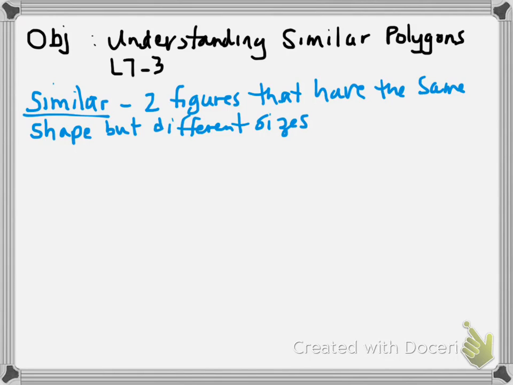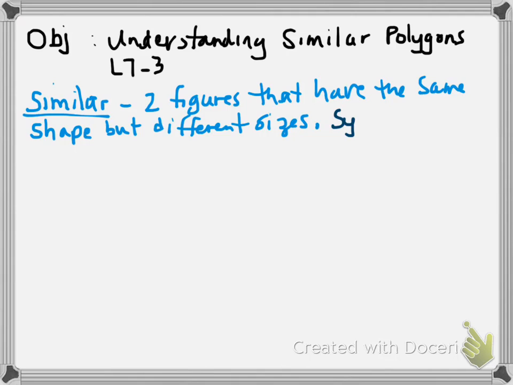Now, we're going to talk a little bit more in detail about what that means, and in particular, we're going to relate it back to polygons, which is in our title. And similar is just, there is actually a very measurable relationship that they have.